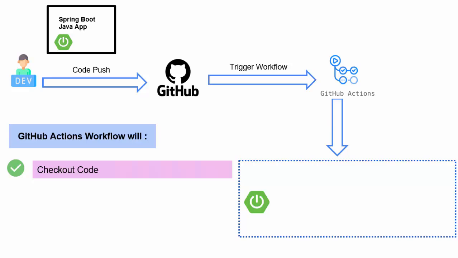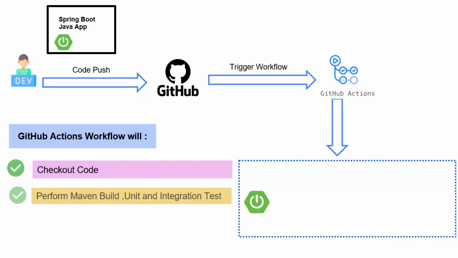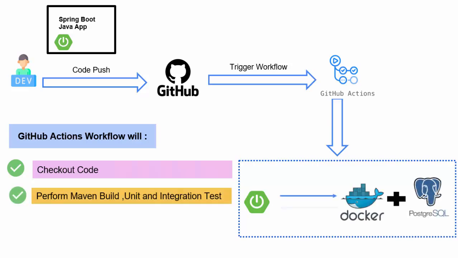It would check out this code from this GitHub repository into this environment. Then it will perform the Maven build, unit, and integration tests. And during the integration test, with the help of Testcontainers via Docker, it would create the Postgres container, and the Spring Boot application would communicate with this container while we are running the integration test.